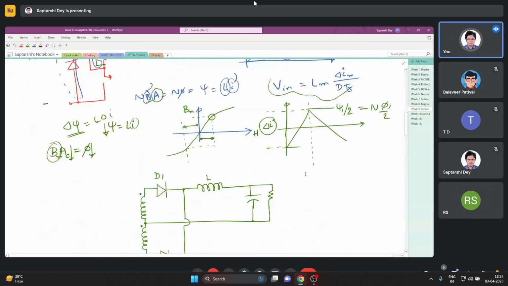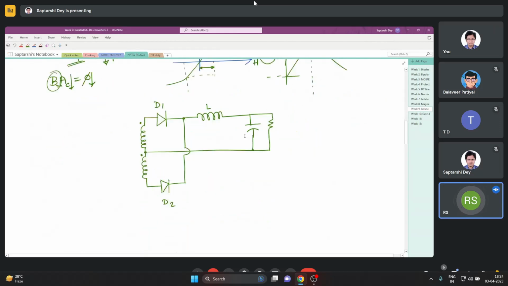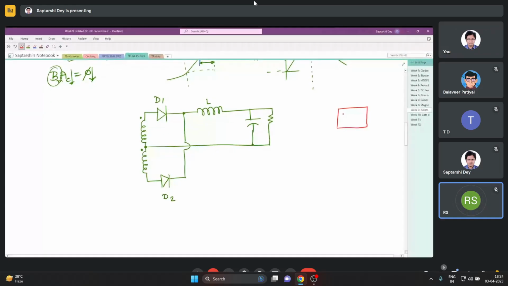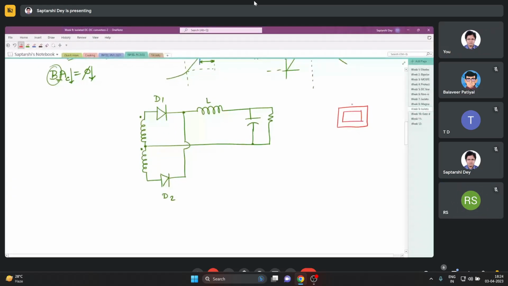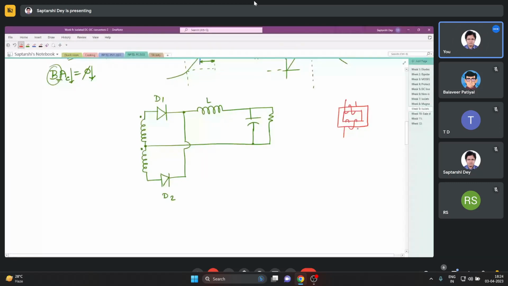I said now that LM, the magnetizing inductance. See, suppose you have a transformer like this, a two winding transformer. Now what you do is you open the secondary side.